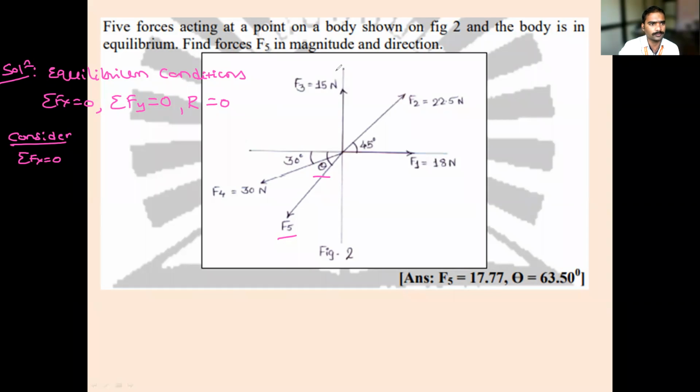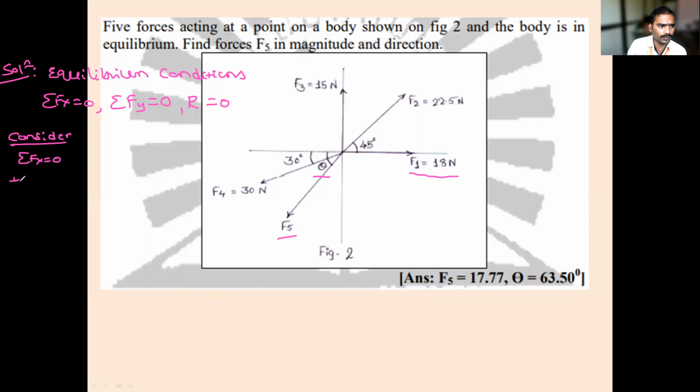Okay, concentrate here, all of you. So this F1 is purely horizontal direction. How much is the angle? 0 degree. Okay, so it is along right hand side or left hand side? Right hand side. So is it positive or negative? Positive.